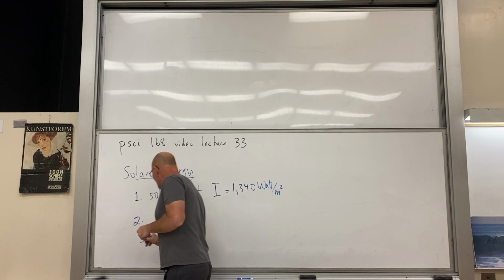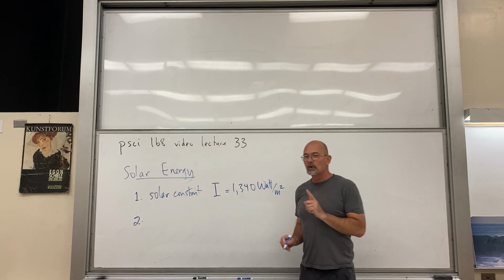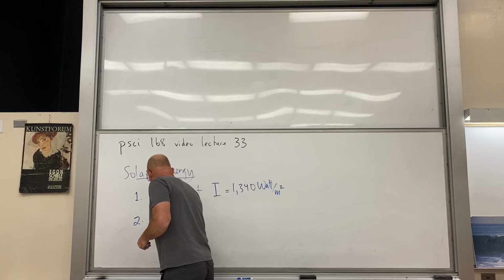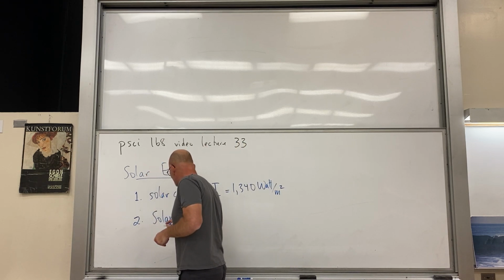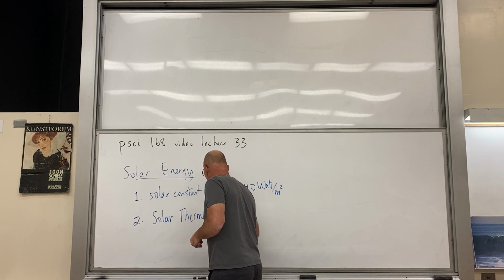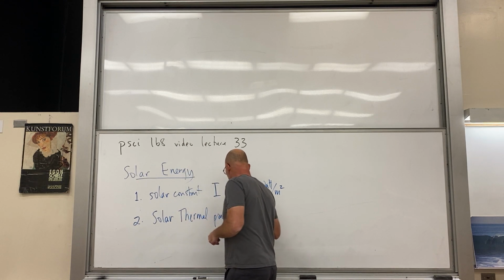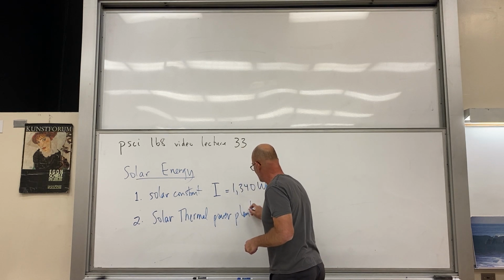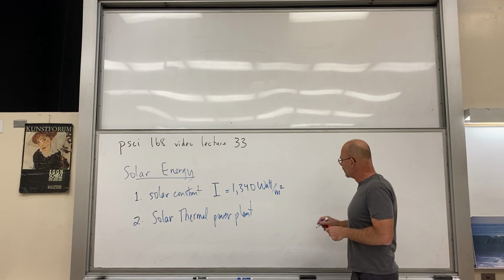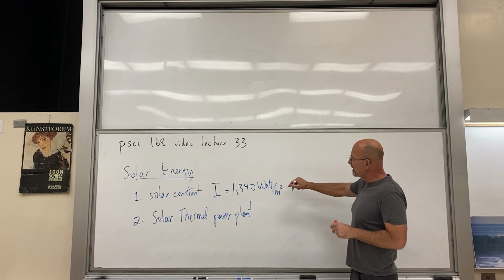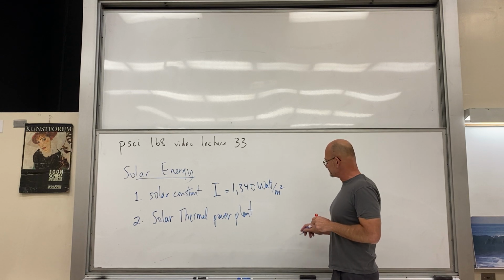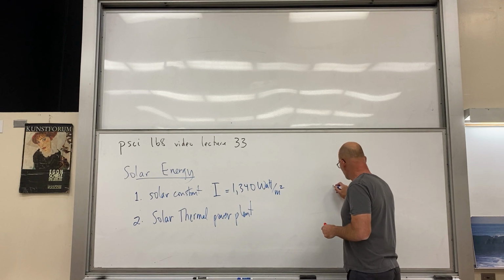So good. After that, I started talking about the solar thermal power plant. And you guys have gone in, hopefully, and found some interesting images. There's plenty out there, very interesting topic. What I want to bring up before I move on is the question of the efficiency. So here's our solar thermal power plant.